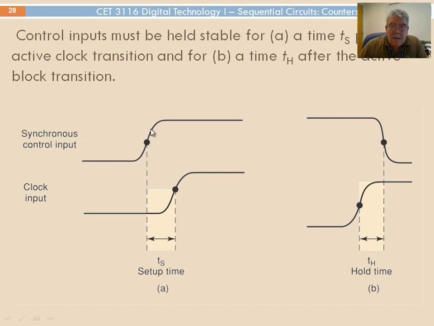You see, the transition is not immediate, so we take that into consideration. We measure from a certain point, usually the middle of the rise of the input, to the middle of the rise of the clock.